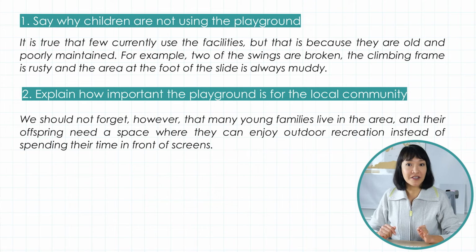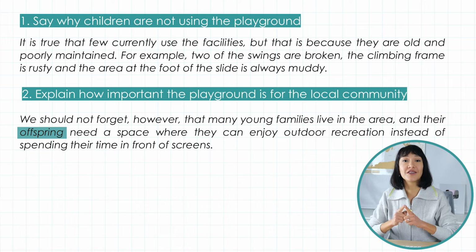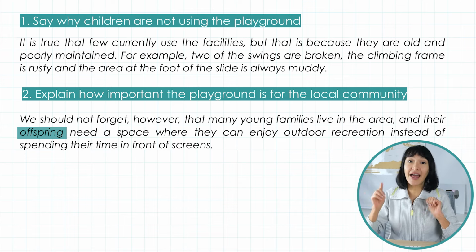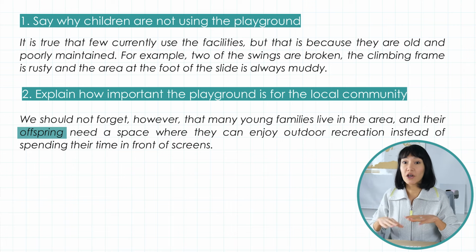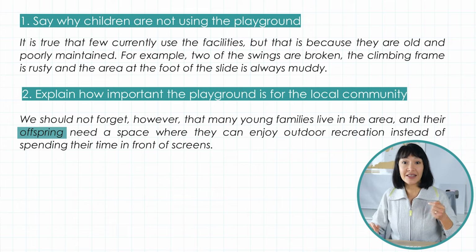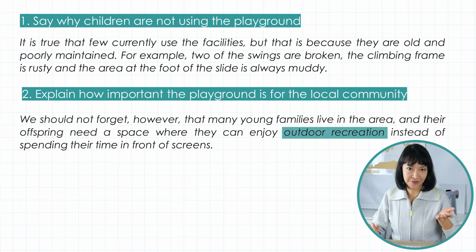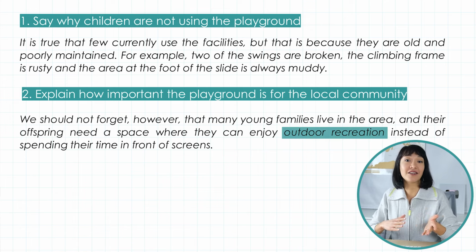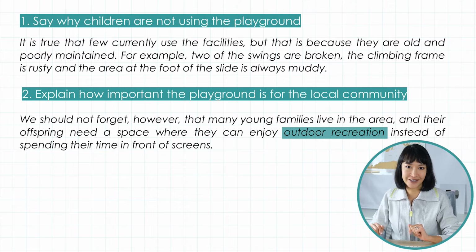Children of young families become offspring. And please note that it can be singular or plural. There is no S at the end, it's just offspring. Offspring means children, but not any children, someone's children. Their offspring need outdoor recreation, in our case, instead of time playing outside.